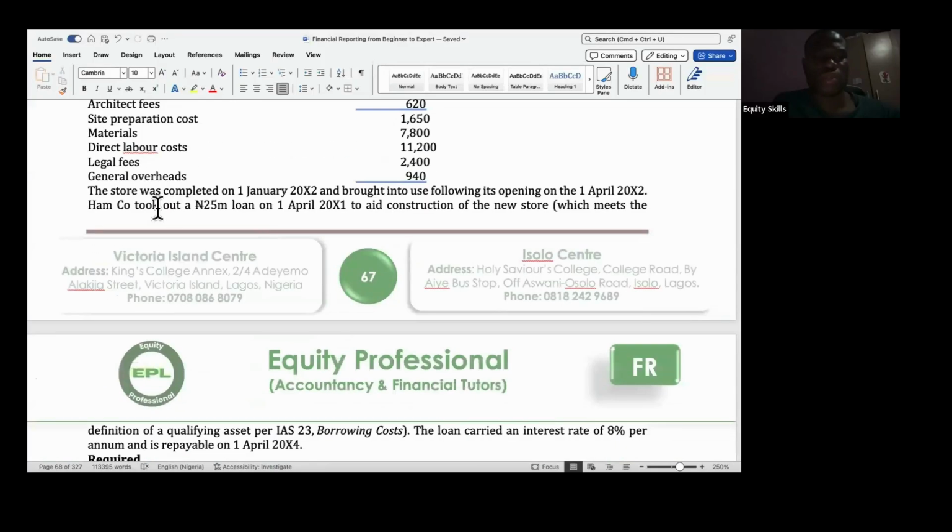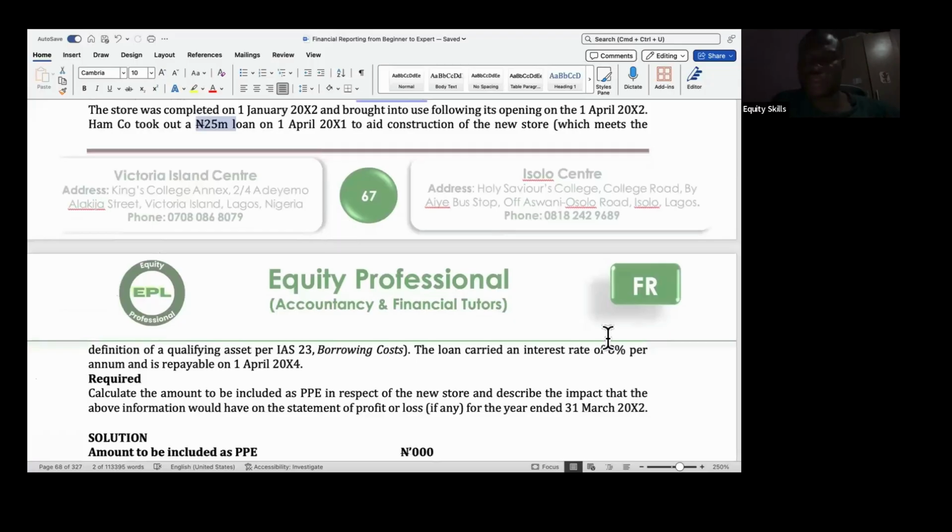We're now told that the store was completed on 1st January 2002 and brought into use following its opening on 1st April 2002. AM took out a 25 million loan on 1st April 2001 to aid construction of the new store, which meets the definition of a qualifying asset per IAS 23. The loan carried an interest rate of 8% per annum and is repayable on 1st April 2004.